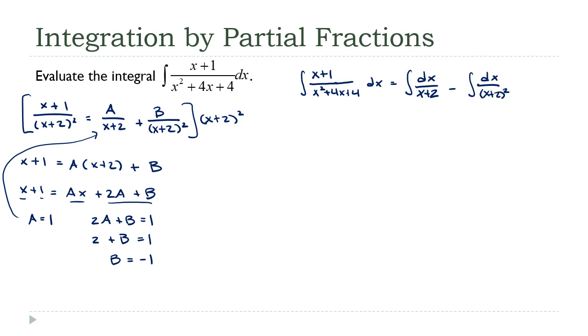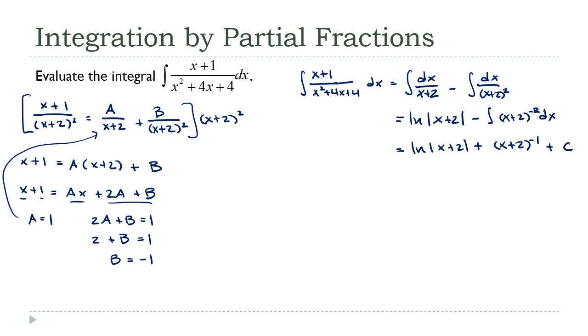Again, the integrals now aren't super interesting. This first one is just the log of the absolute value of x plus 2, minus, and let's think of this as the integral of (x plus 2) to the negative second dx. So this is the log absolute value of x plus 2 plus (x plus 2) to the negative first plus a constant.